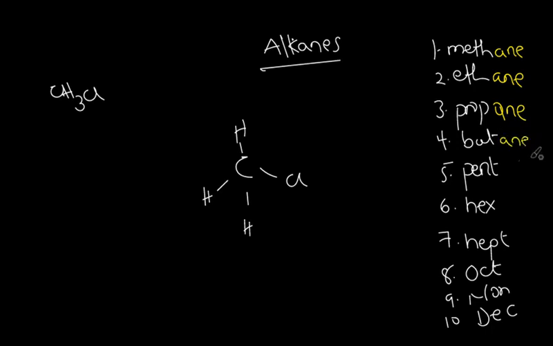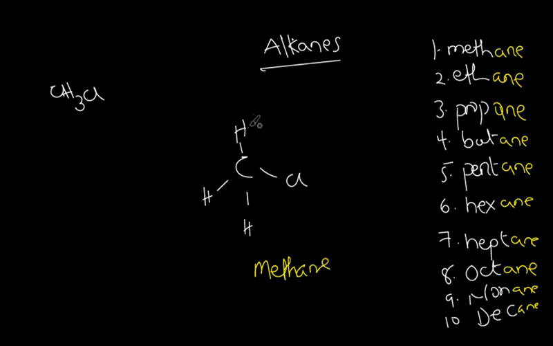Butane. The same way, you just add the ane to them because they are alkanes. Okay, so once we have this down, let's name this compound. Now the parent name of this compound, because it has 1 carbon, will be what? Methane. So we write that one down, methane.